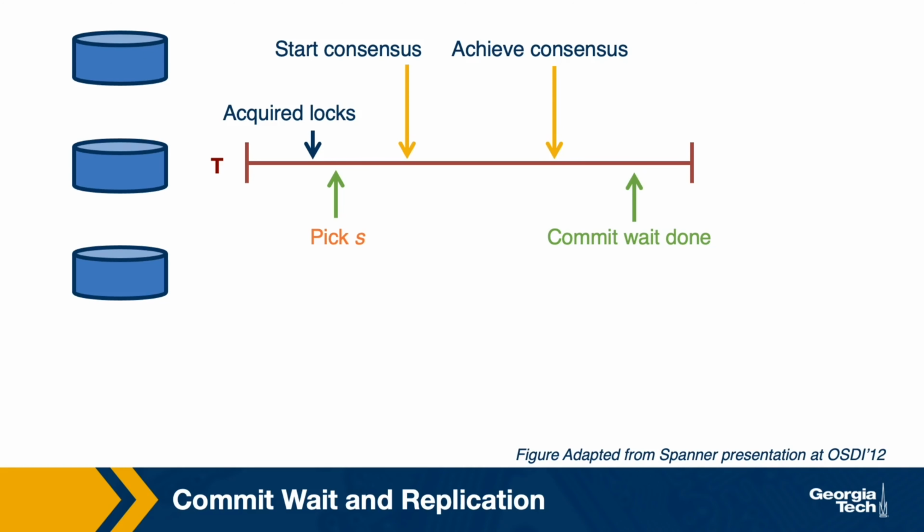But again, like in the previous case, we have to wait things out in order to make sure that the clock on all of the machines has advanced sufficiently to be greater than this value S, so that any transactions that are going to start as soon as we release the locks are going to have timestamps that are greater than this value S. Once the leader releases the locks, it is free to, actually not just free, it needs to notify the slaves that the locks are released and what was the timestamp that was chosen for this transaction.